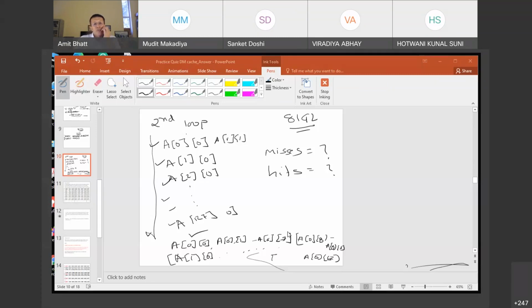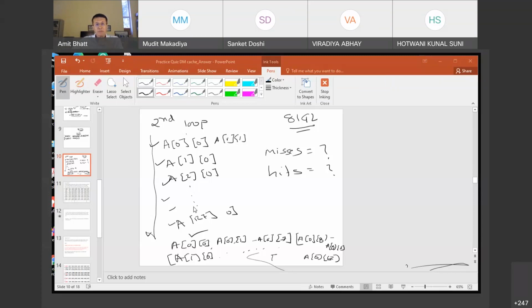Well, that seems to be the answer just by observation, but your job is not to give an answer just by observation. You have to prove it to me. For the first column, I agree that everything would be a miss because none of these elements are in the cache.